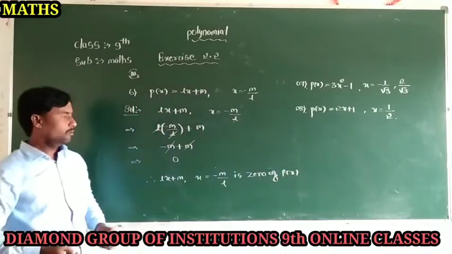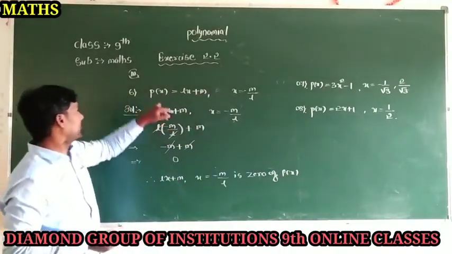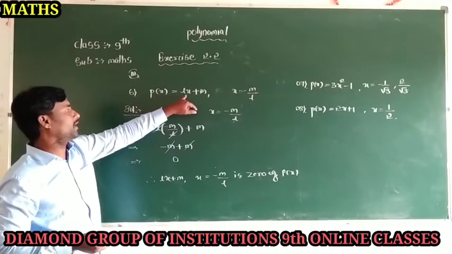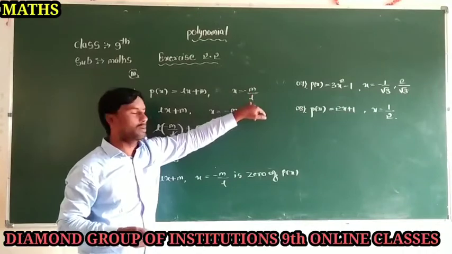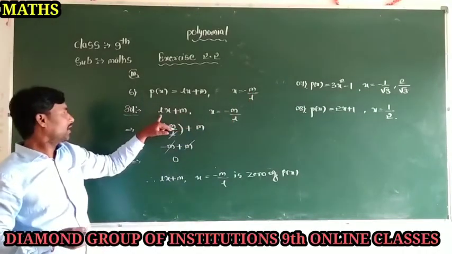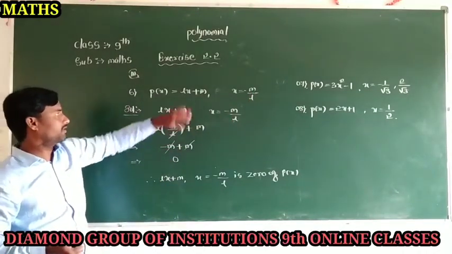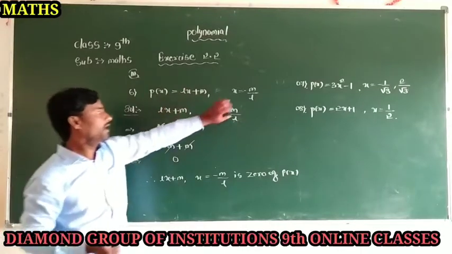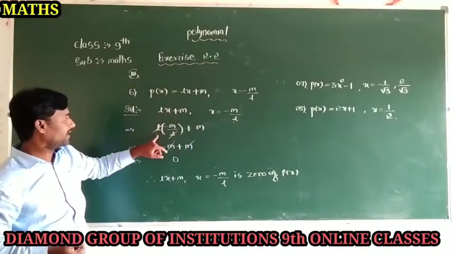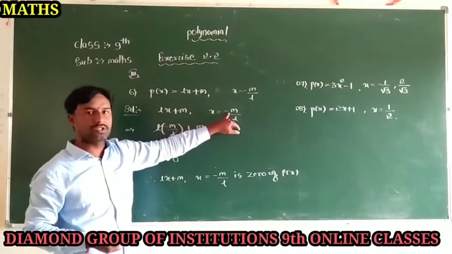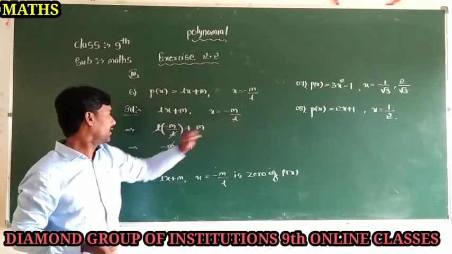One more time look at the board, dear students. What we asked: p of x is equal to lx plus m. So the x value is given, x is equal to minus m upon l, dear students. So now let us see the solution step by step. First I wrote here the polynomial and the value also. So lx plus m, l is as it is, where is the x, there substitute the value minus m upon l, dear students.